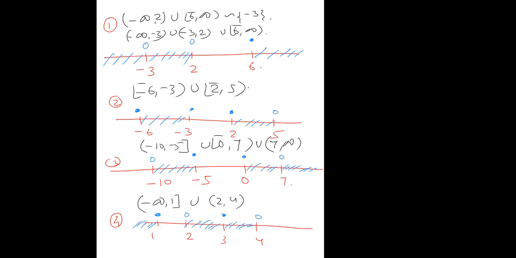Sir, in the second, 3 is also included, minus 3. Sir, after 3 it should be closed, right? Yes. After 3 this will be closed. It got mixed up top and bottom.